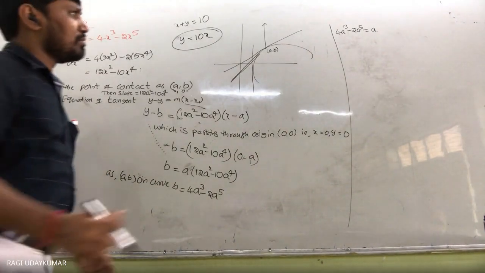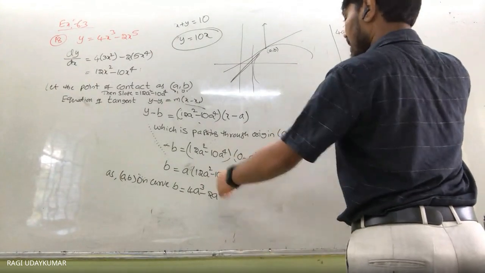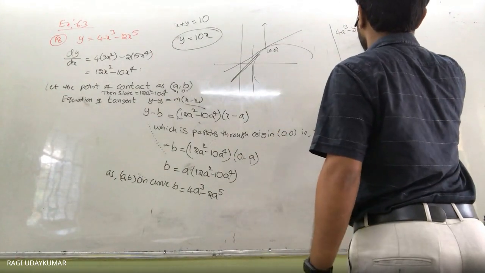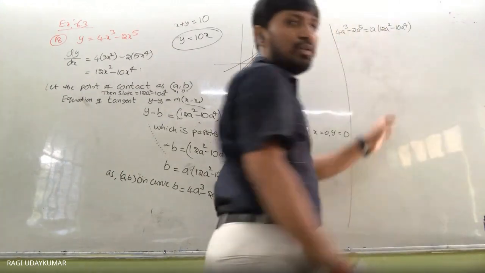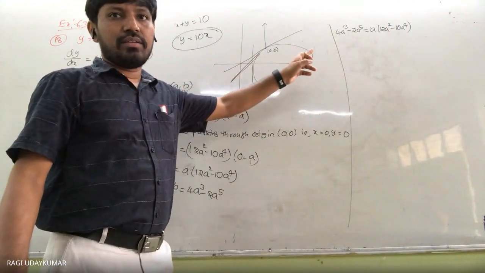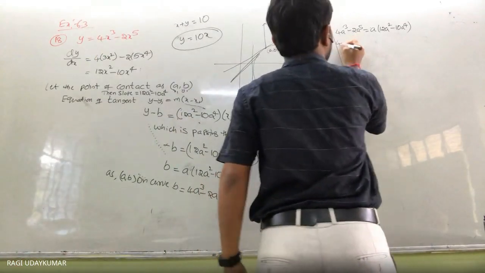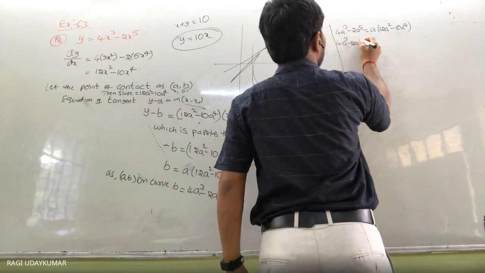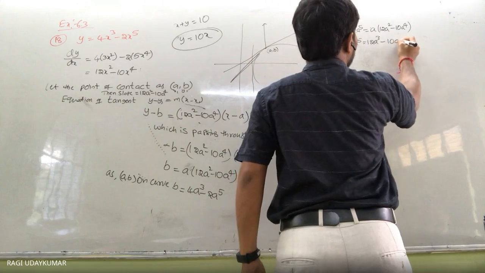Otherwise multiply and simplify everything. Multiply inside. Okay, first let me write like this. Is it visible to you here if I write? So now 4a cube minus 2a power 5 is equal to 12a cube minus 10a power 5.